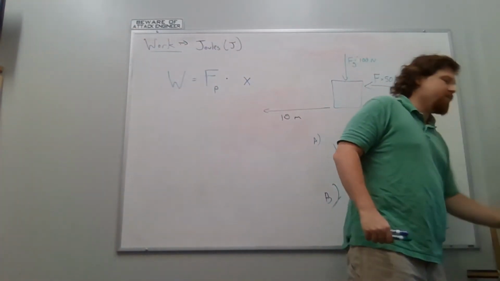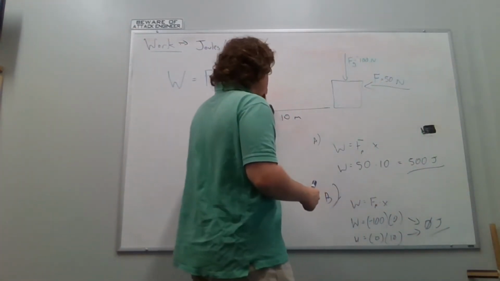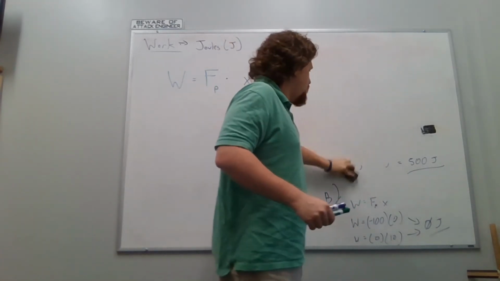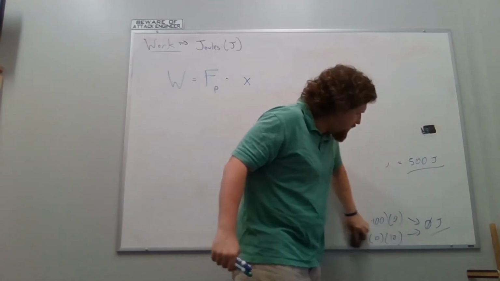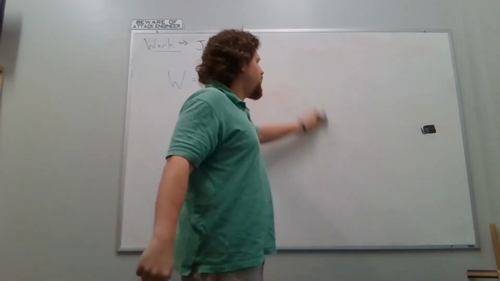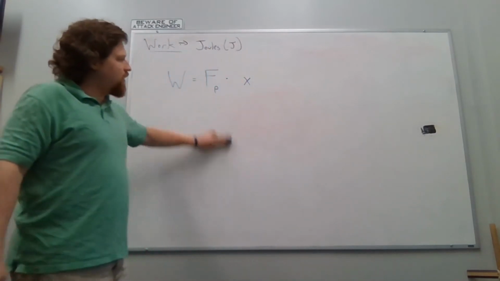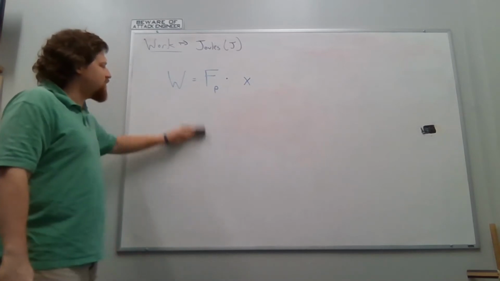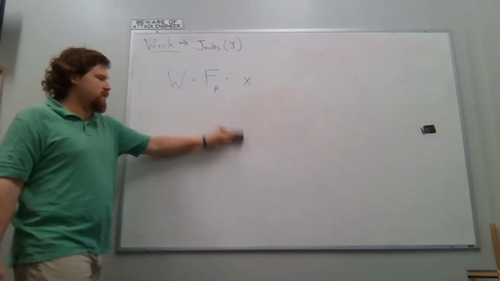Kinetic energy is the energy of movement. If an object has kinetic energy, it means that that object is moving. So when I move my eraser across the board, I'm exerting a force on the eraser. I'm making it move a distance in a direction. I'm doing work on the eraser.